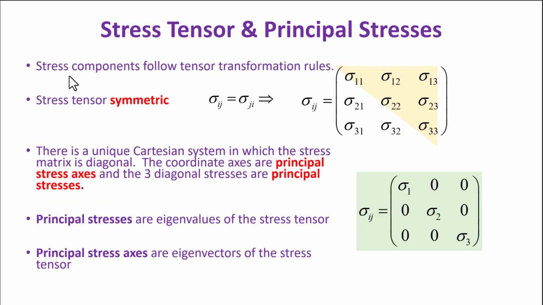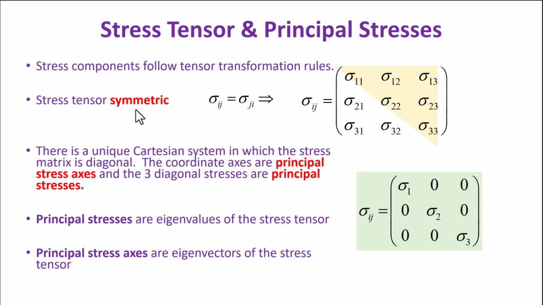The stress components will be dependent on the coordinate system that is used. However, because stress is a tensor, stress components in one coordinate system can be transformed to components in another coordinate system using the tensor transformation rule.